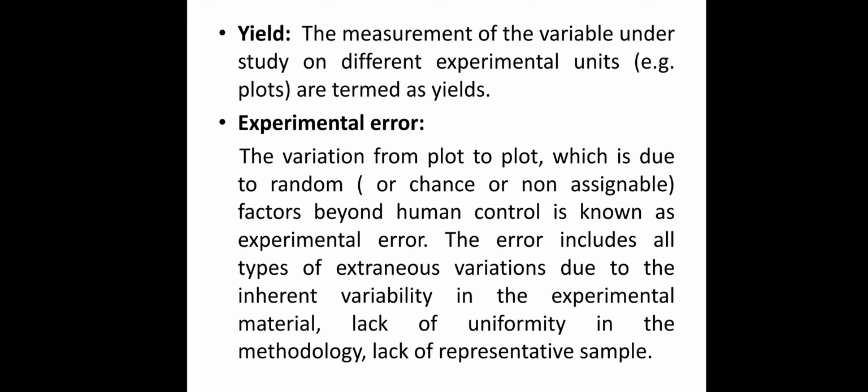So these are some of the sources from which experimental error could arise. But mostly in agriculture field experiments, it is variation due to the fertility gradient of the soil. All other factors are also involved, but mostly the fertility gradient of soil is considered one of the important sources of experimental error.